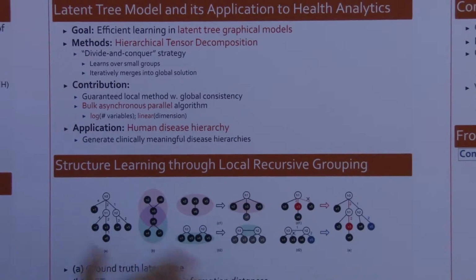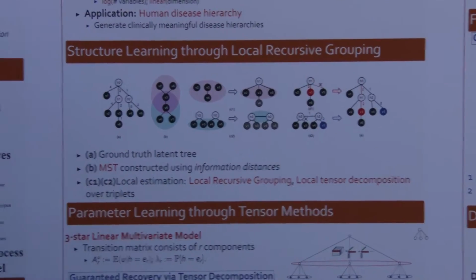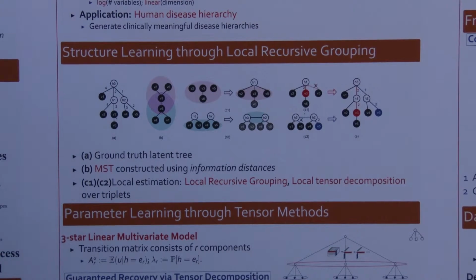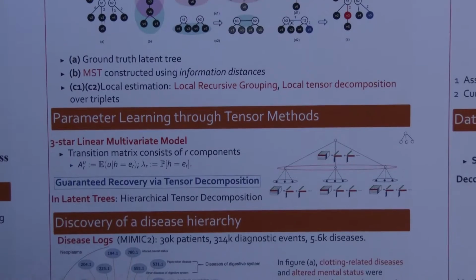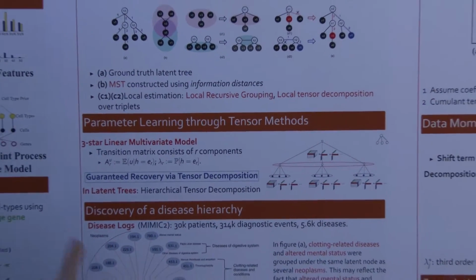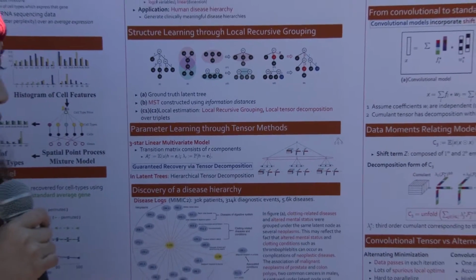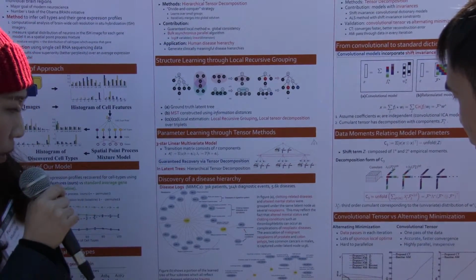This is highly embarrassingly parallel. In parameter estimation, we do a hierarchical tensor decomposition, looking at any three nodes and doing the decomposition. You can also do this from bottom to top, which forms a hierarchical tensor decomposition.